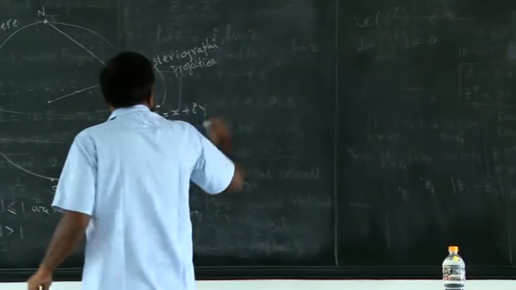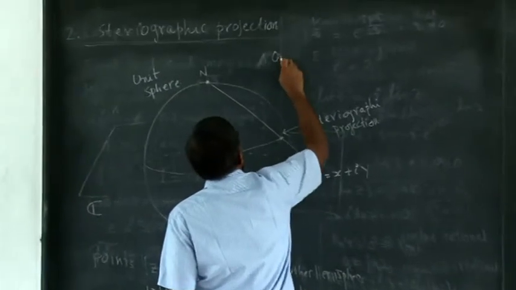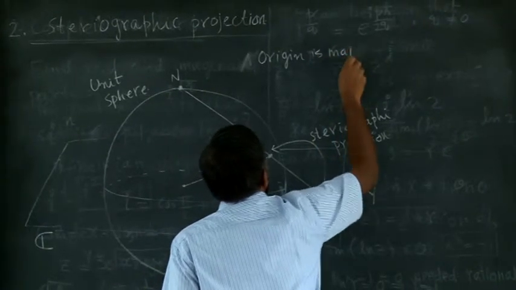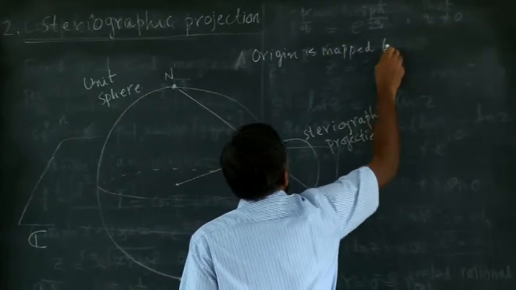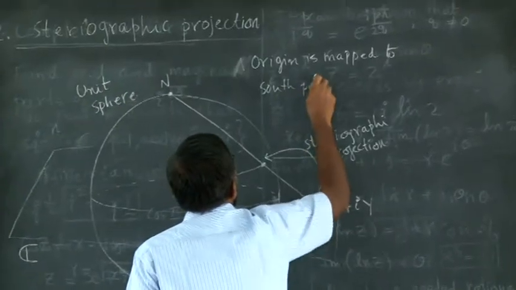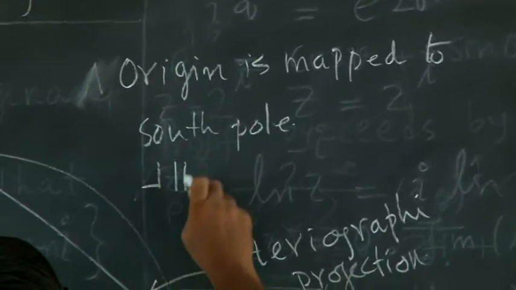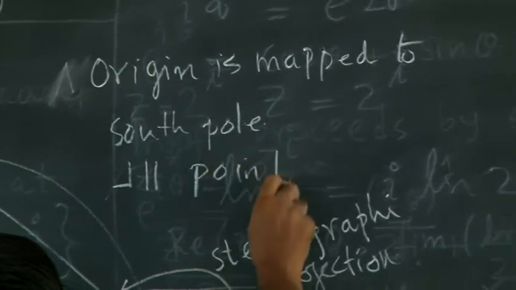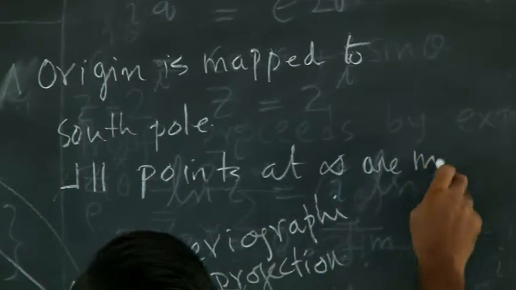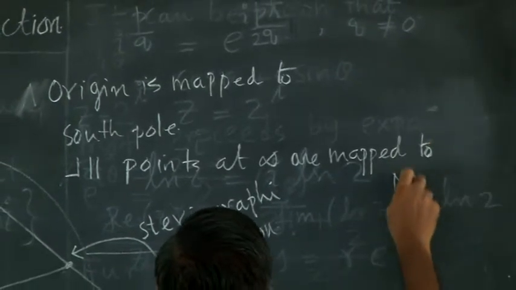So the origin is mapped to south, and all points at infinity are mapped up.